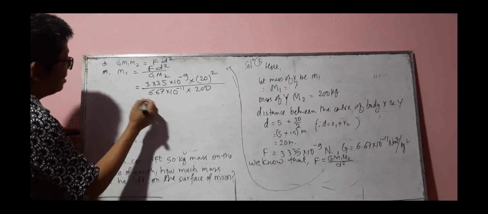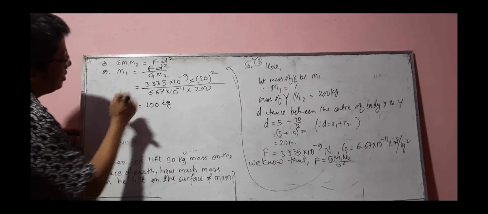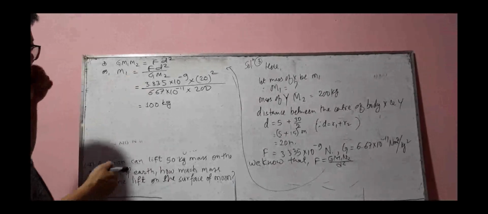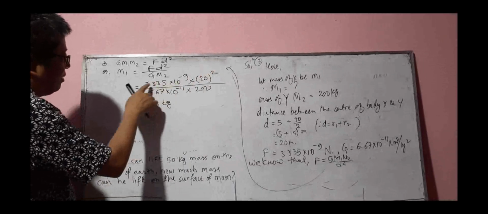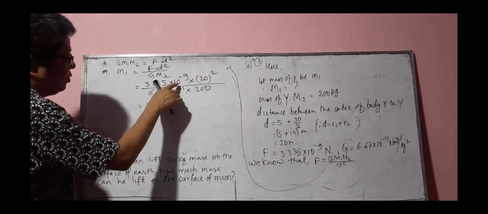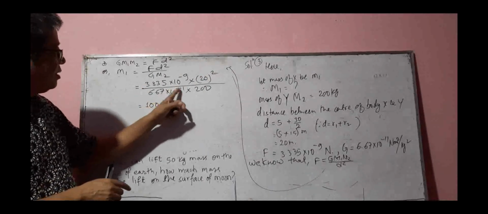Square of 20 times 3.335 into 10 to the power minus 9 whole divided by 6.67 into 10 to the power minus 11 into 200.